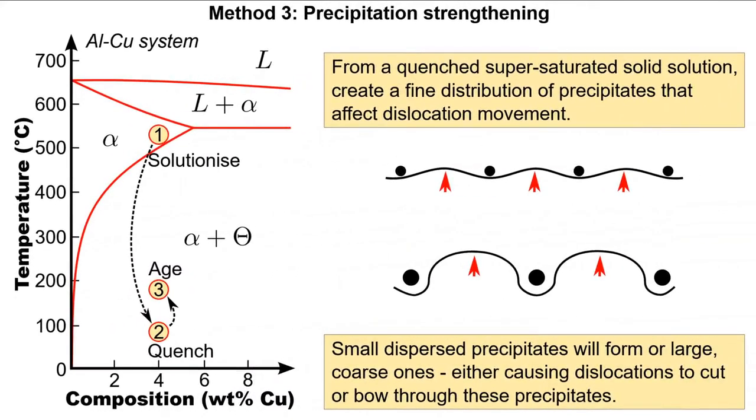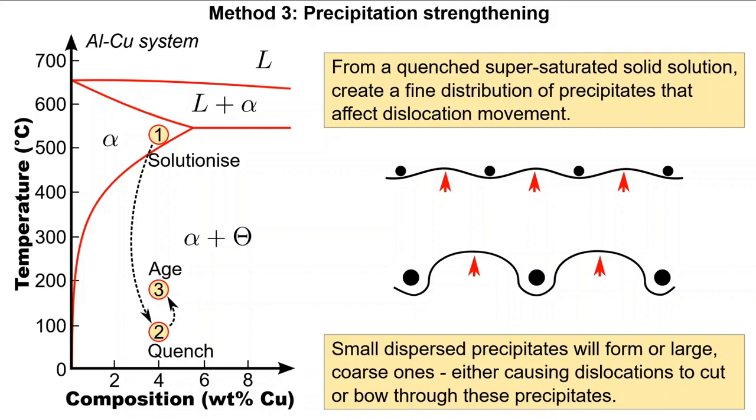By changing the aging schedule, both the distribution and size of the precipitate that forms can be controlled. For extremely fine, evenly distributed precipitates, the dislocation will need to cut through them in order to pass. If they are large and spaced further apart, then the dislocation will bow around them. This is the third method of strengthening, called precipitation strengthening.